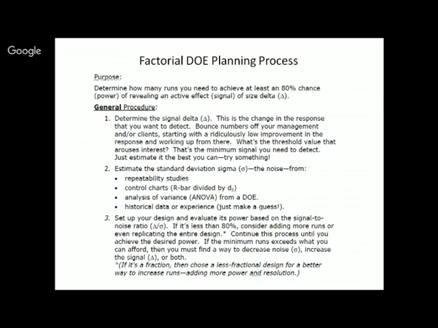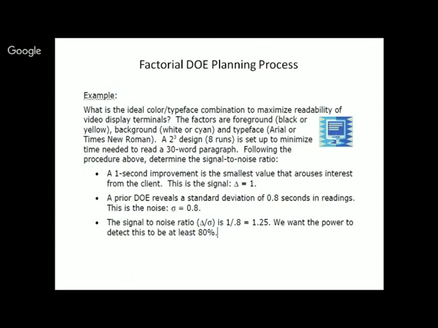For example, determine how many runs you need to achieve at least an 80% chance, or power, of revealing an active signal of delta. One example is this: what is the ideal color or typeface combination to maximize the readability of video display terminals?